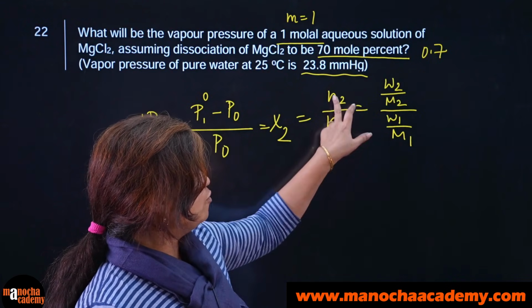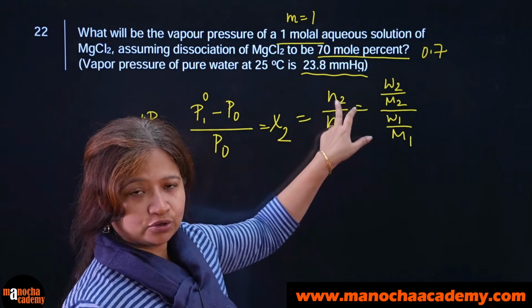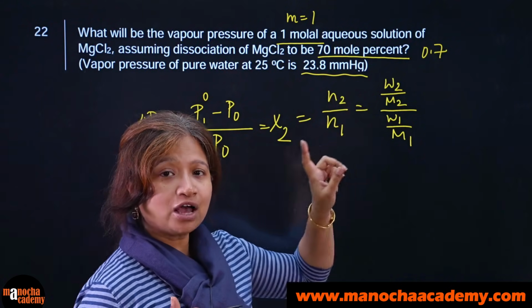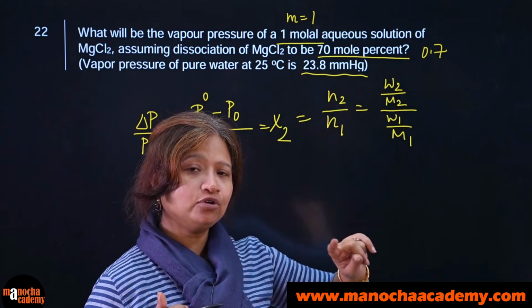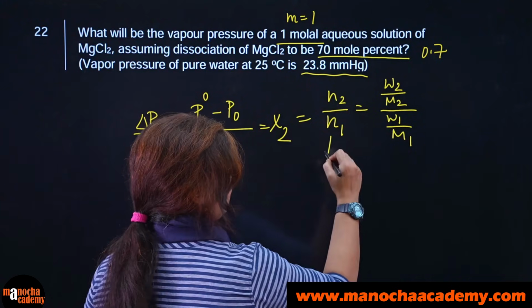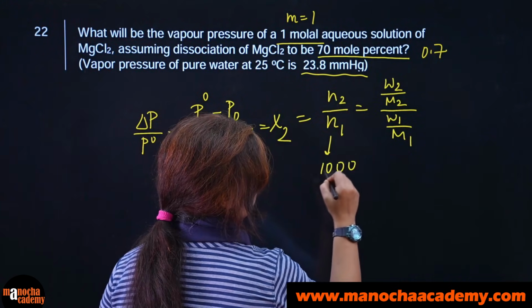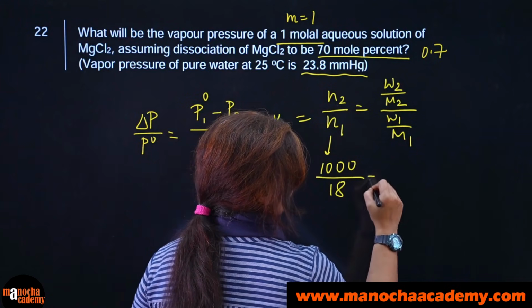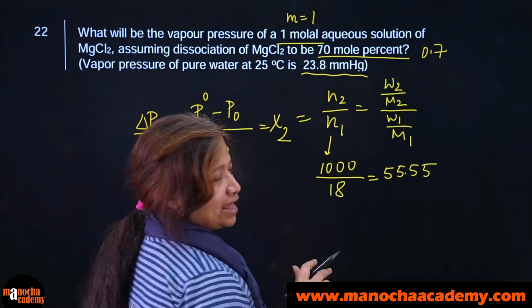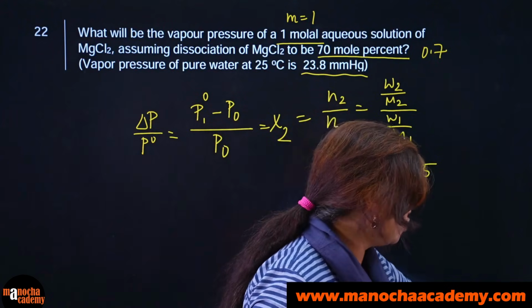So N2 is equal to 1 mole, and here N1 is 1000 gram of the solvent, and you know how to find out the number of moles. This one, 1000 gram of the solvent by 18, and try to remember this value is always 55.55, and the number of moles of solute is given in the question already.